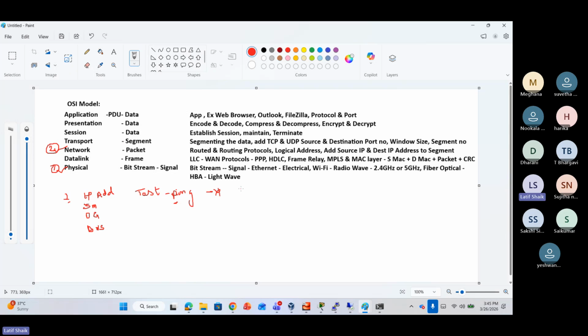So the third one is the transport layer, which is the firewall. One possibility is that the firewall at the destination is blocking your request. The firewall at the destination system does not allow your request.